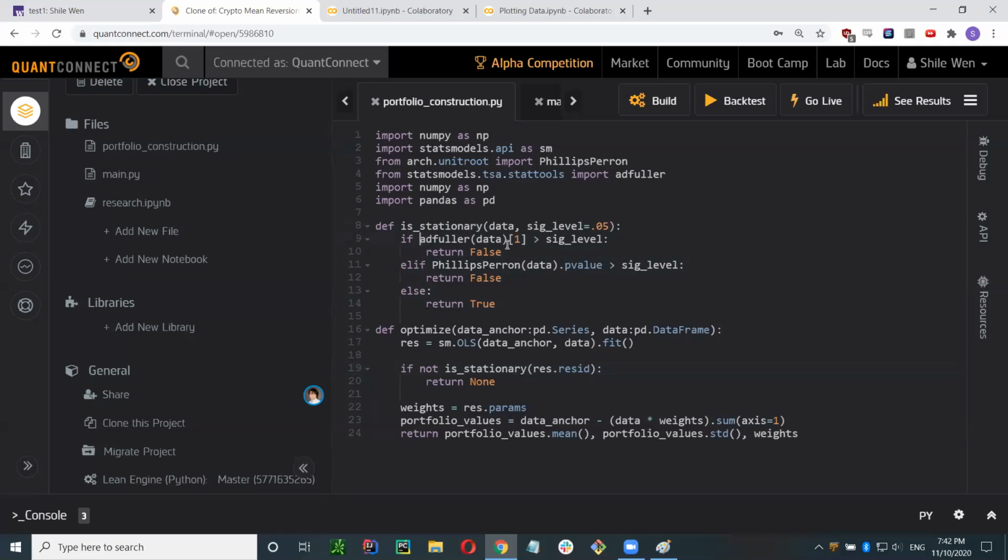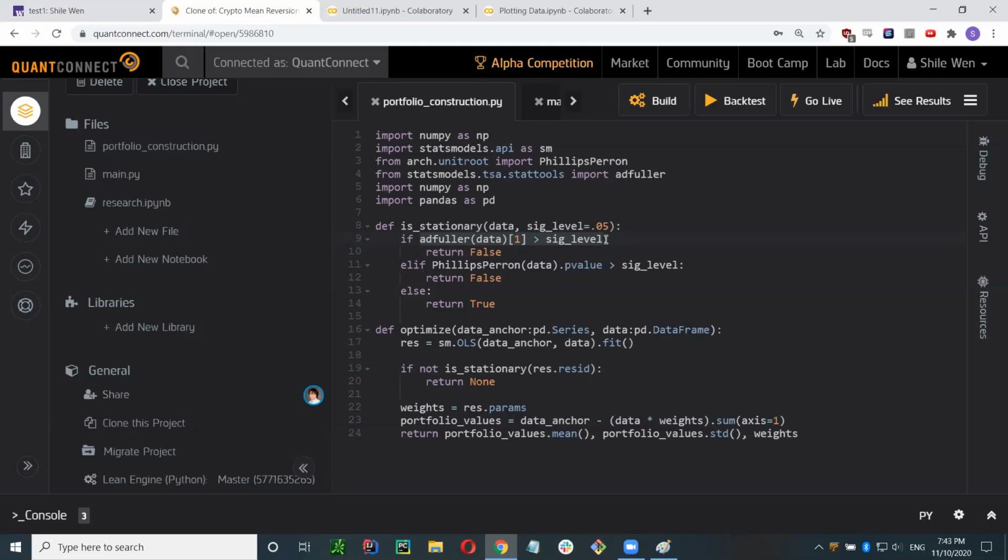Here I just have a function, so you can pass in some data, and it checks if it passes the significance level. We have hypothesis testing. Think about it in statistics: when you have hypothesis testing, you want 5% significance.